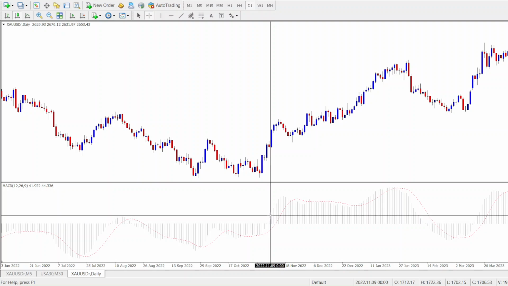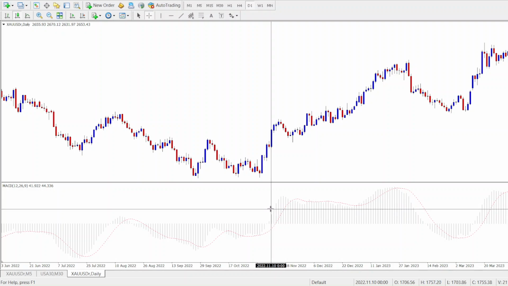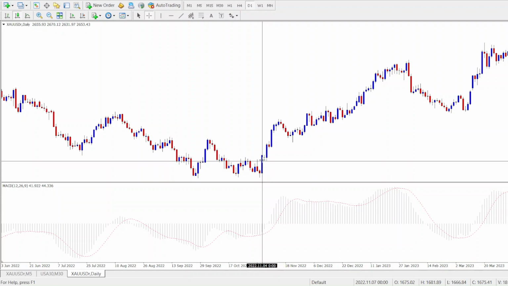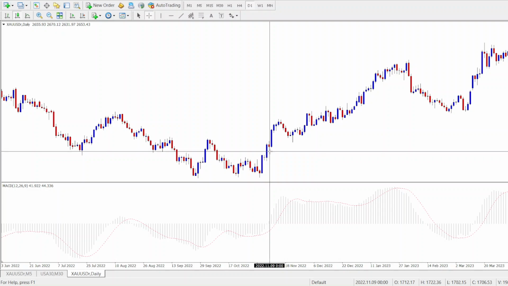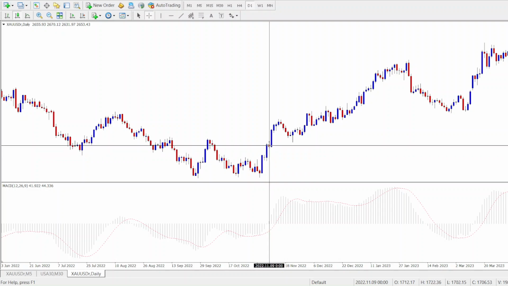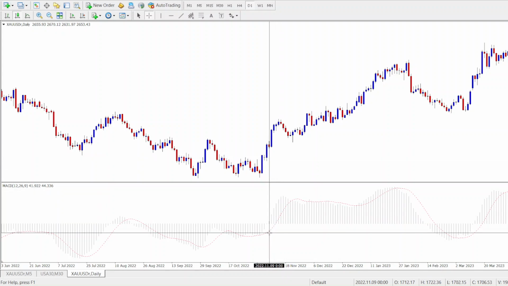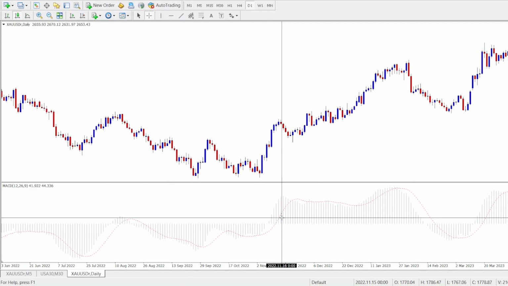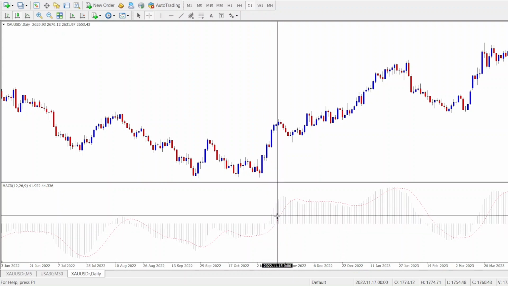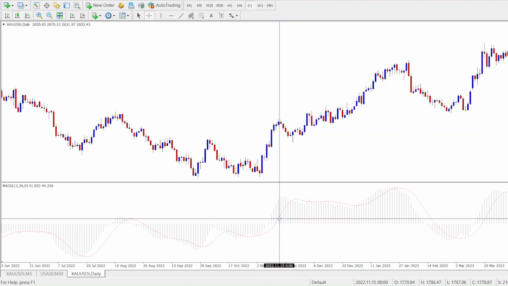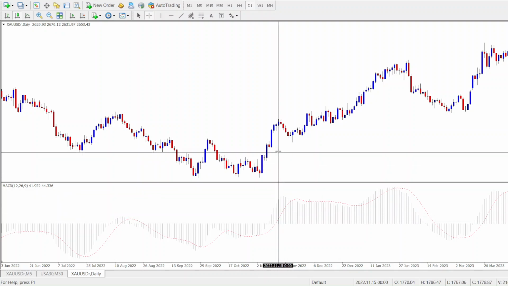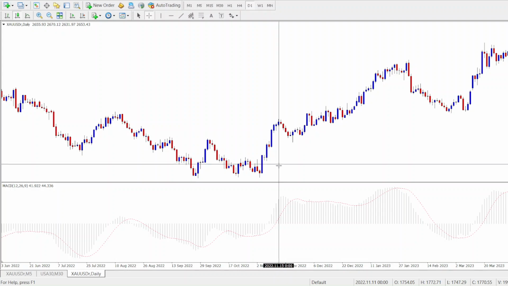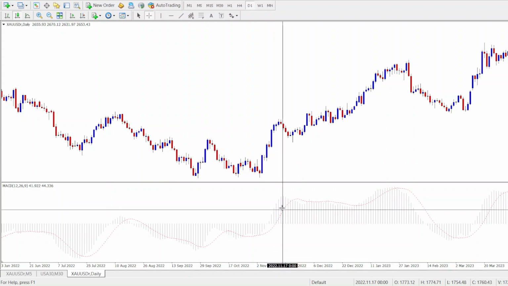So you can enter your buy trade right after the first histogram bar forms, which would have been around here, for the buy. Then when the MACD line, these broken lines, begins to move upward, that is an extra confirmation that the bullish momentum is continuing, guys.